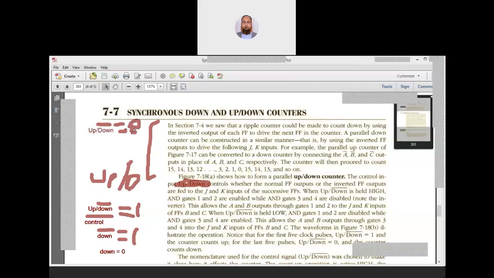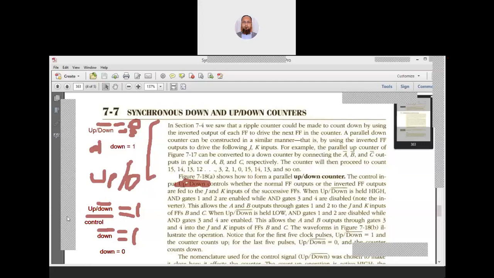When this is 0, up equals 0, down bar equals 1 and down comes out to be 1. So this is the control input that we will be using.